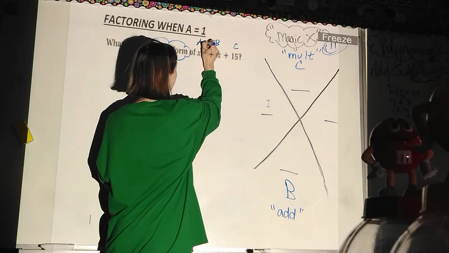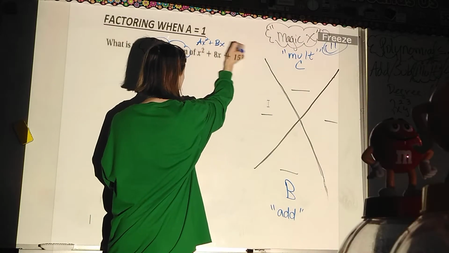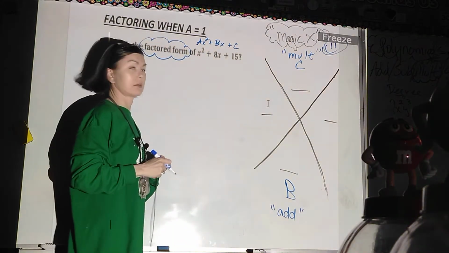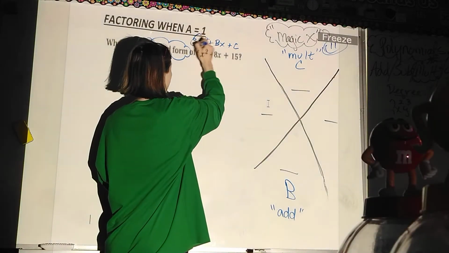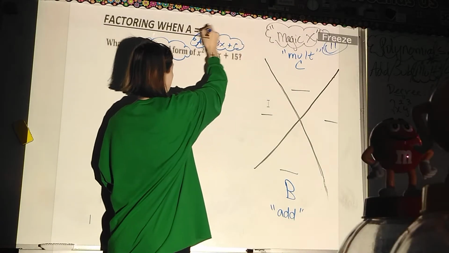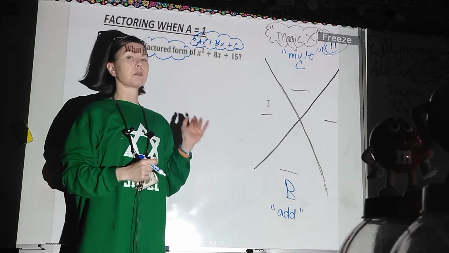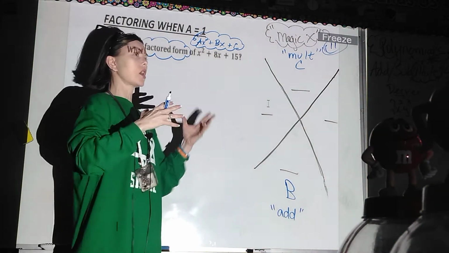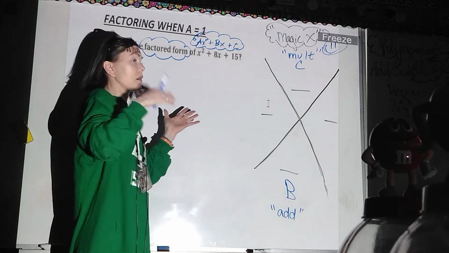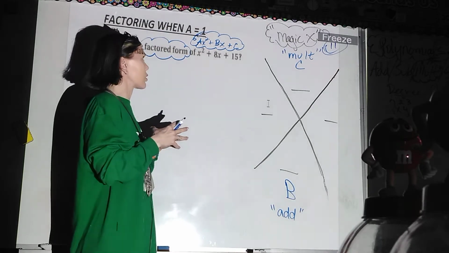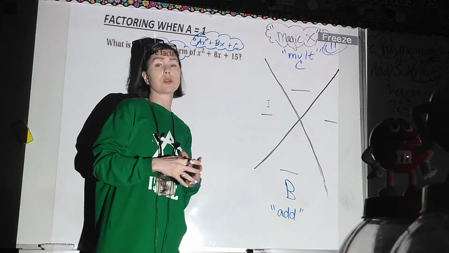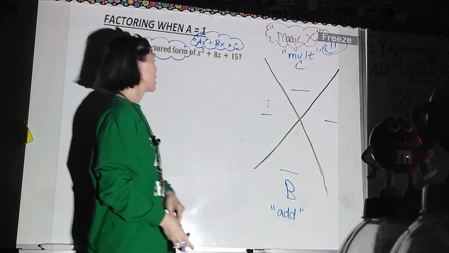We can just write it AX squared plus BX plus C. Why is that important? That's our quadratic. The reason why that's important is because we need to know what is the A, B, and C term in order to factor and in order to use our Magic X.